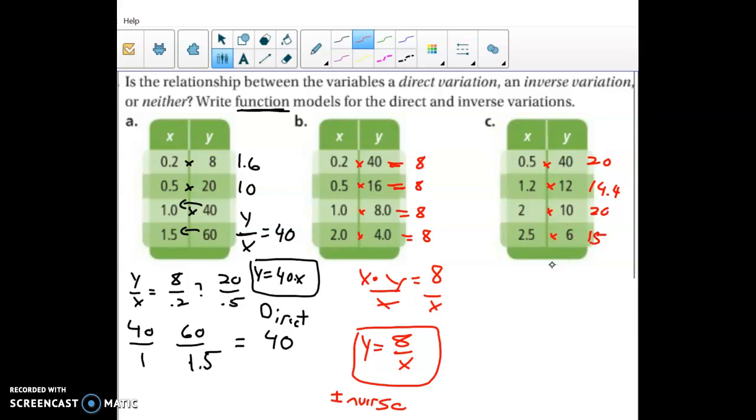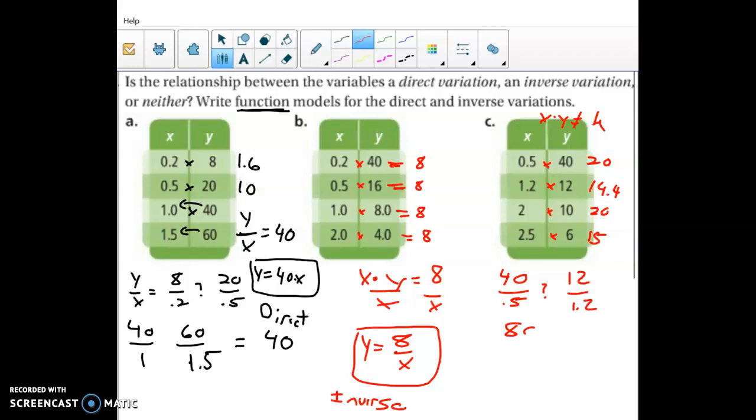Okay, so x times y is not a constant, right? X times y is not constant, so it's not that type of equation. That would be an inverse one. So now let's try to divide them. Let's see if we do y divided by x. So 40 divided by 0.5, I want to say, is that the same as 12 divided by 1.2, and I can already tell that those aren't equal.